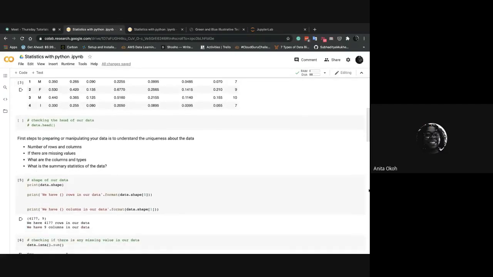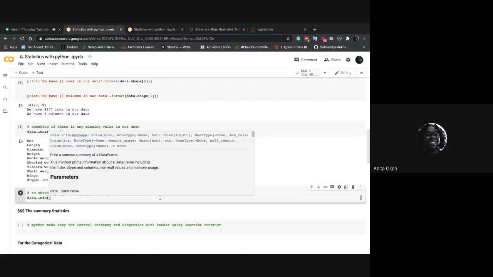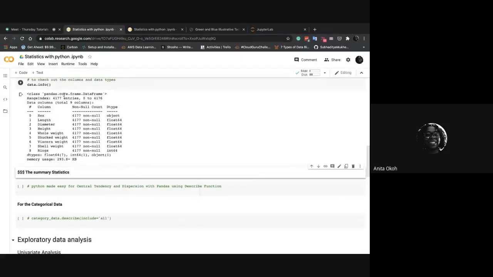Thank you so much. So basically, to check this out, Python also helps to do that by saying data.info. And basically, it lists out all the columns. So if you have 20 columns, it lists them out like that. This second line is the name of the column here.